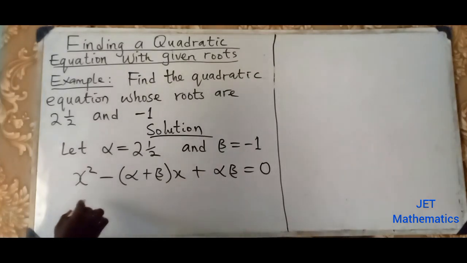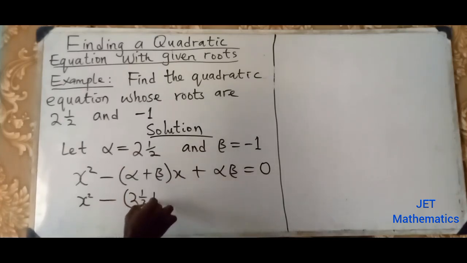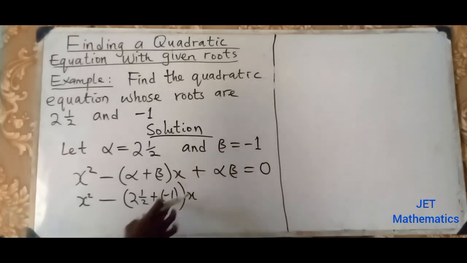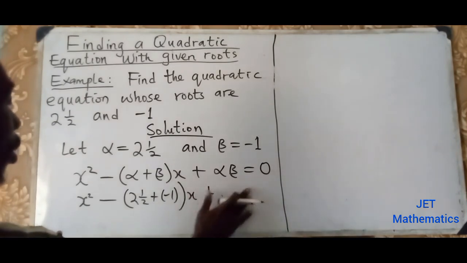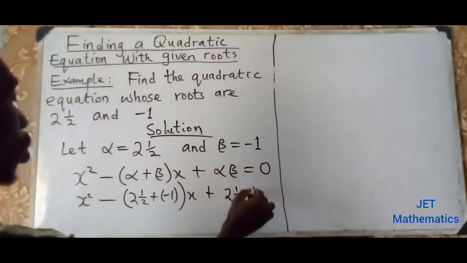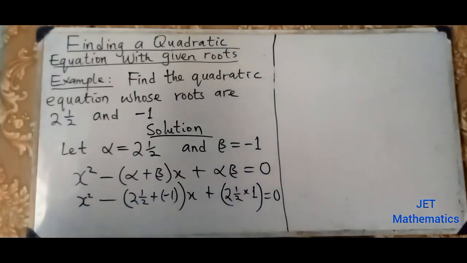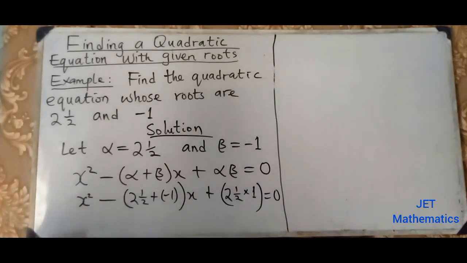So this becomes x squared minus (alpha is 2 and 1/2 plus minus 1) x, our beta is minus 1, plus alpha, 2 and 1/2 times minus 1, equals 0. Okay, so we can simplify this.